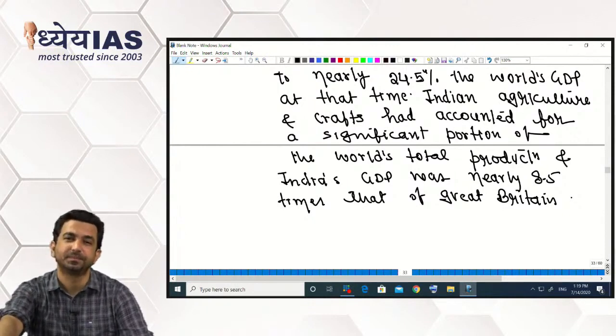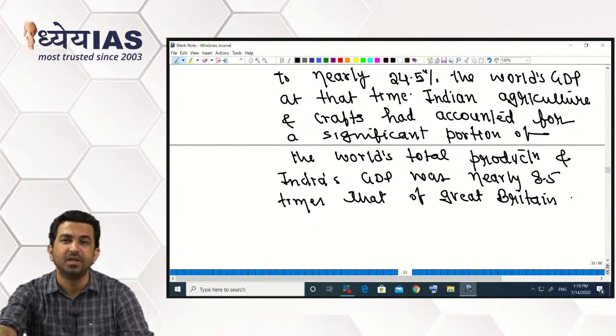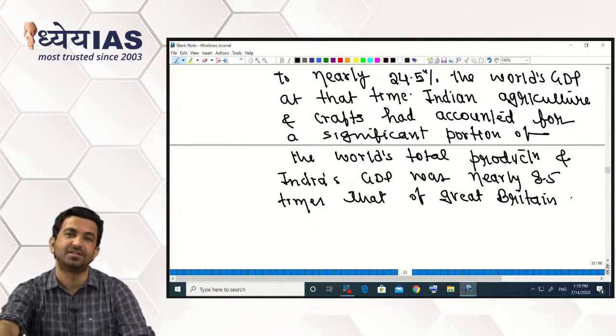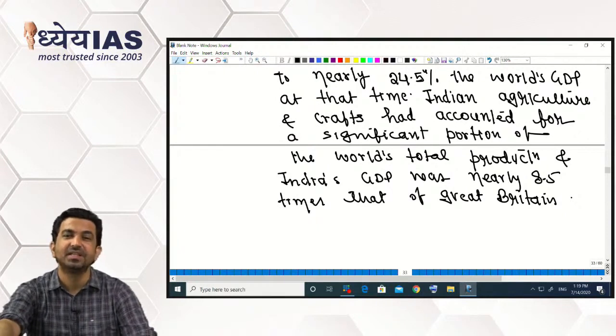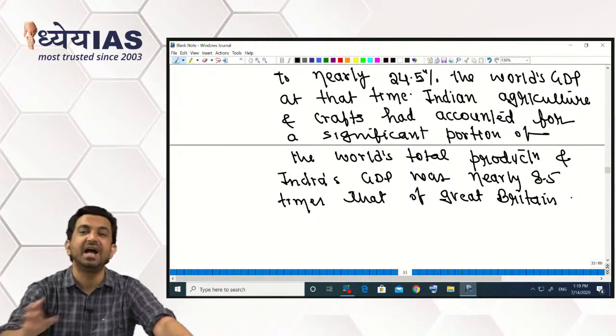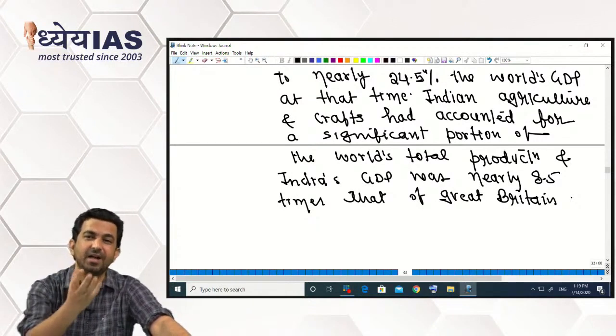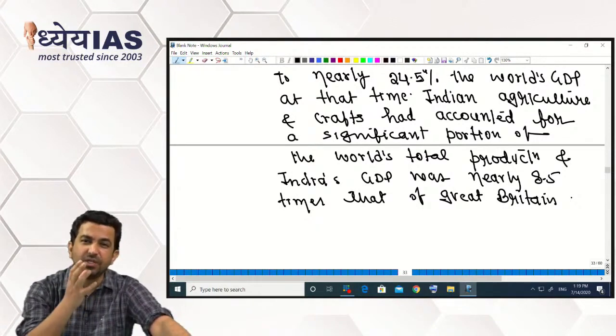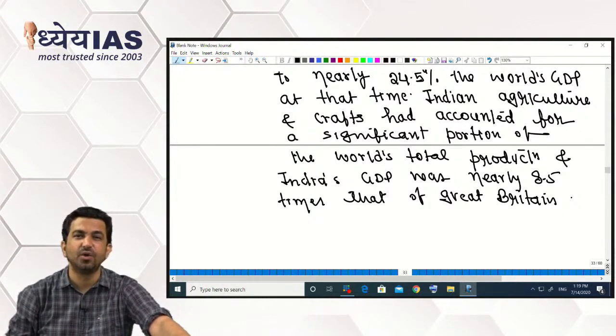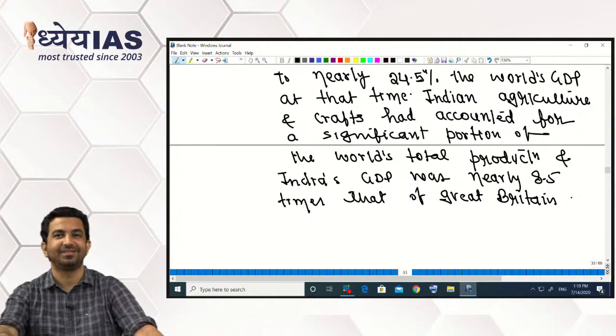Trade with India was such a lucrative trade that the Europeans came to India. In those days, India had a pull factor and attracted hundreds of European traders and several European companies who came to India to purchase our goods and commodities.